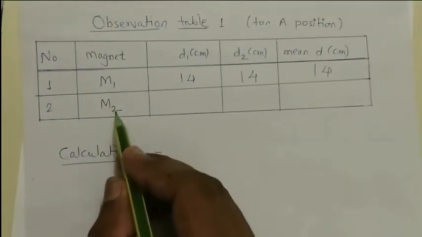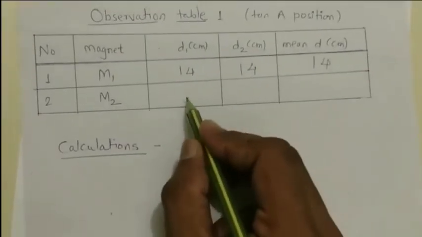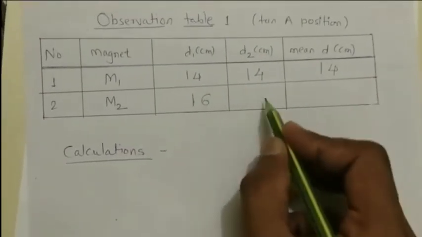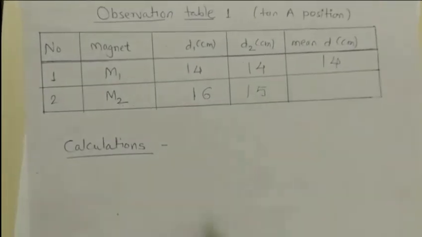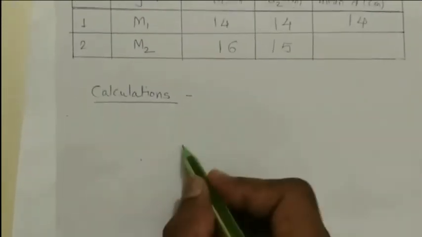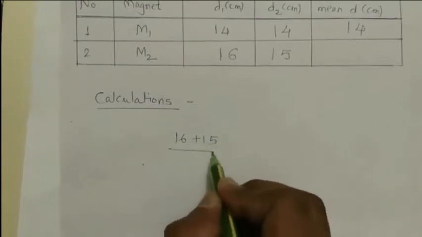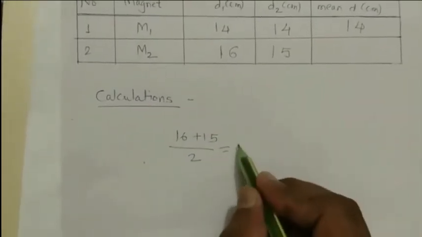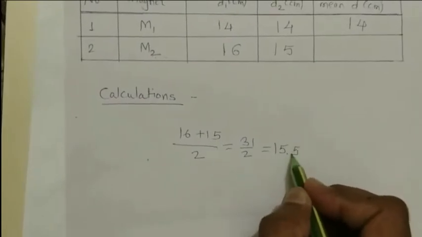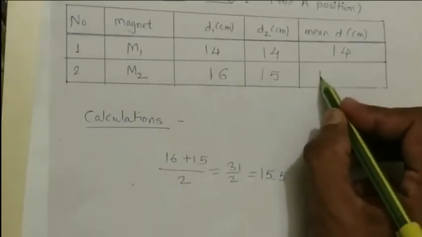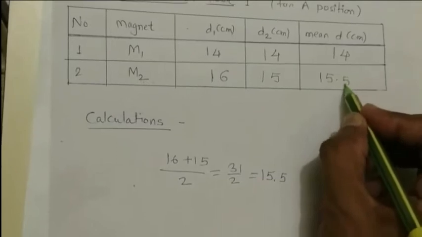M2 is the other magnet. For this, we got the values 16 and 15 centimeter. In calculation, the mean will be 16 plus 15 divided by 2, that is 15.5. So, we write here 15.5.